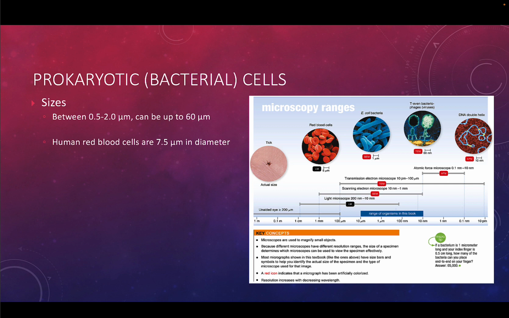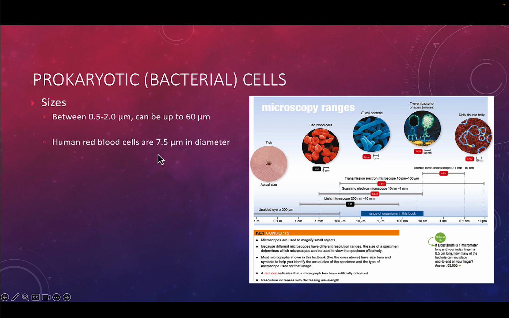Generally, prokaryotic cells are very small. They range from half a micrometer to about 2 micrometers. A micrometer, that's what this little symbol means, micro, is one millionth of a meter. And a meter is just over 3 feet. So if you took about 3 feet and divided it into 1,000,000 pieces, that's about the size of a bacterium.